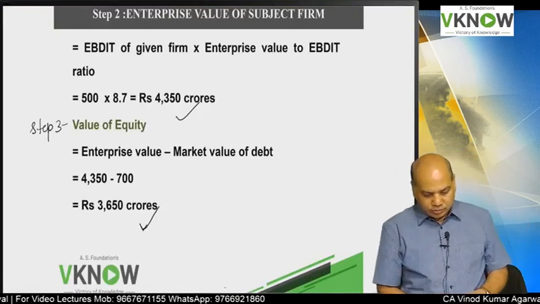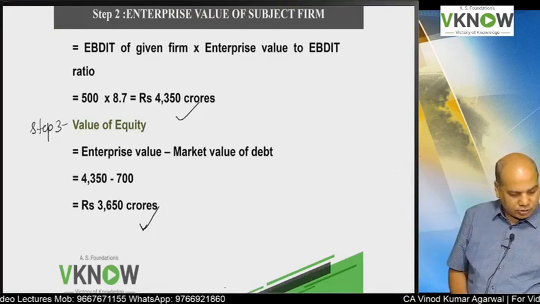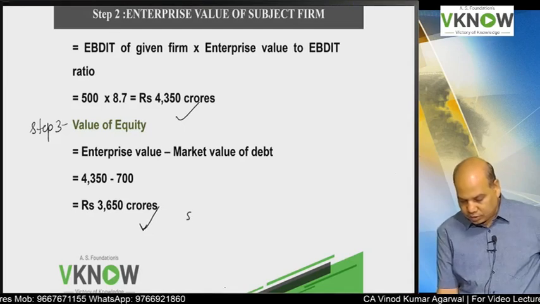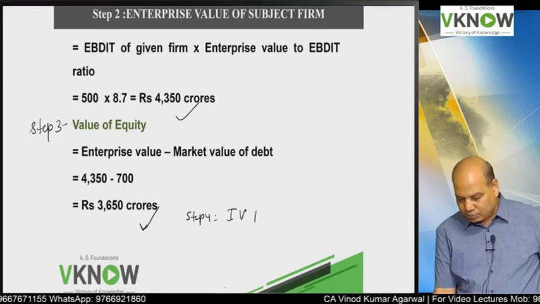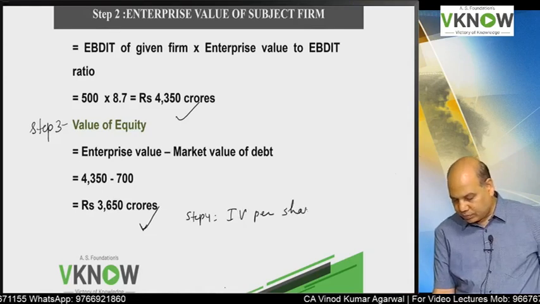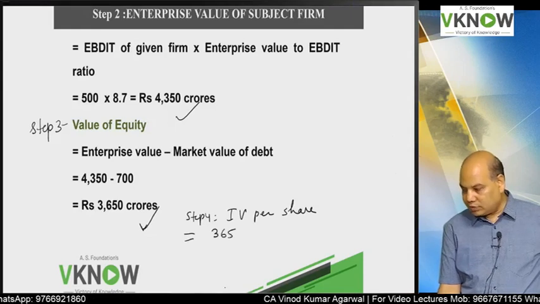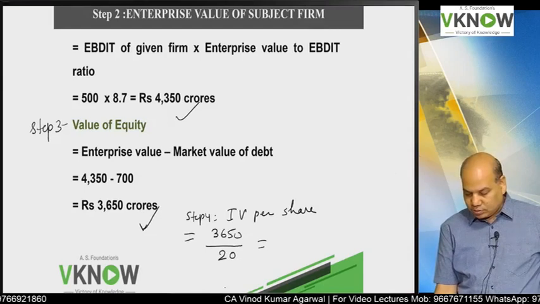So that is about share value. How many shares are outstanding? 20 crore shares are outstanding. Write one more line. Step 4, intrinsic value per share. Intrinsic value per share will be 3650 divided by 20 crores.